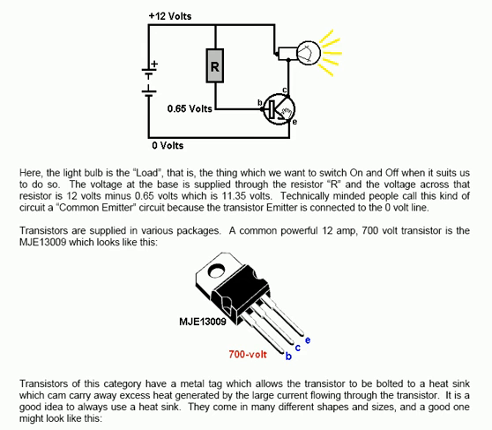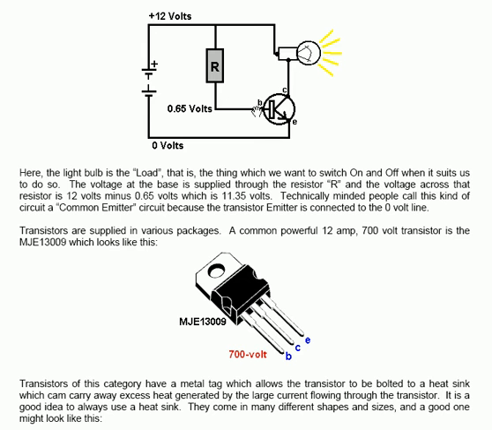The base voltage is provided by an ordinary resistor. That resistor has 12 volts at one side and 0.65 volts on the other side, and you choose the size and value of the resistor to deal with the current that will flow into the base and out of the emitter.